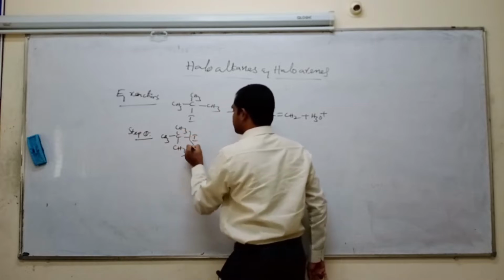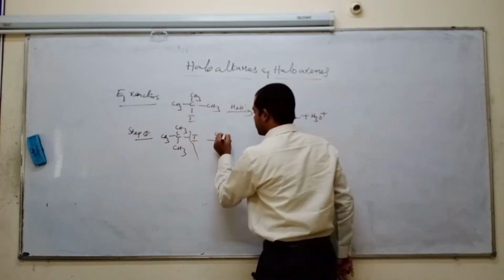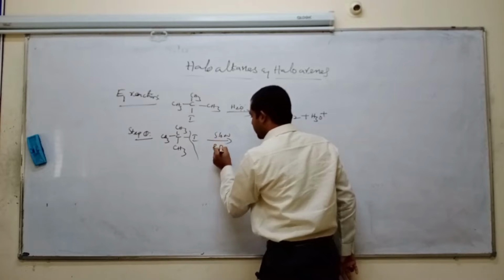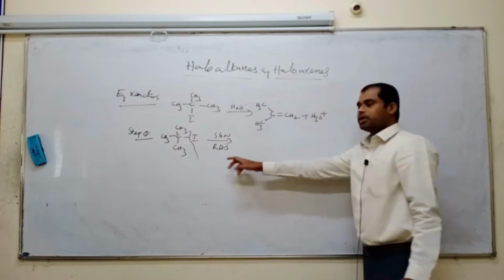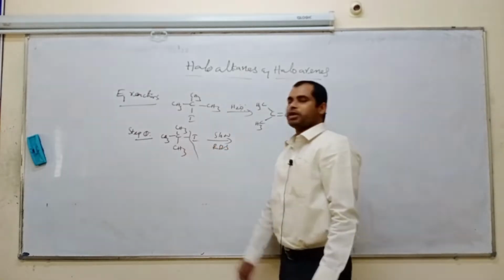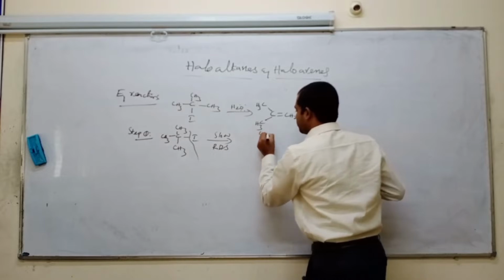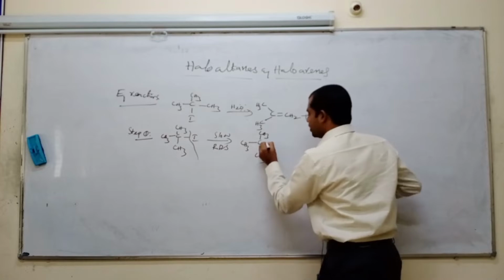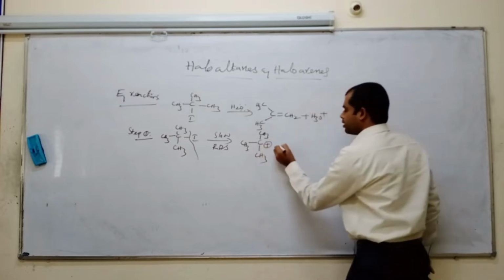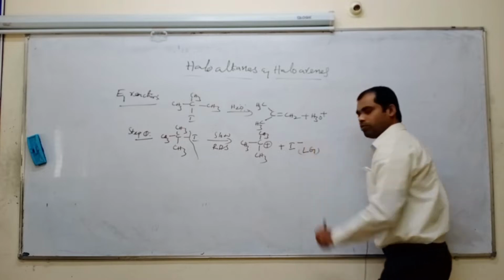This is called the slow step, the rate determining step. The carbon-halogen bond breaks and they form the carbocation, carbon with CH3, CH3, CH3. This carbon becomes the carbocation, and iodide leaves as the iodide ion. This is the leaving group.